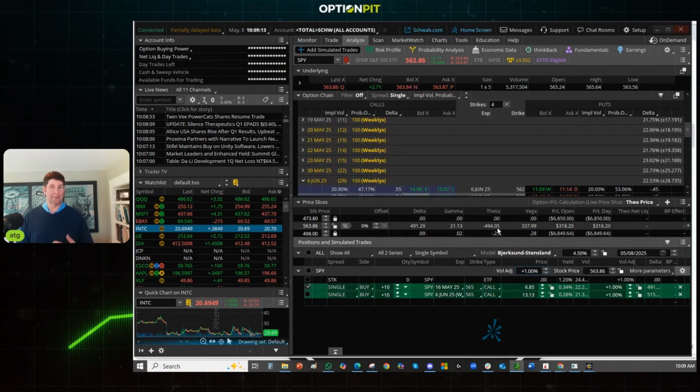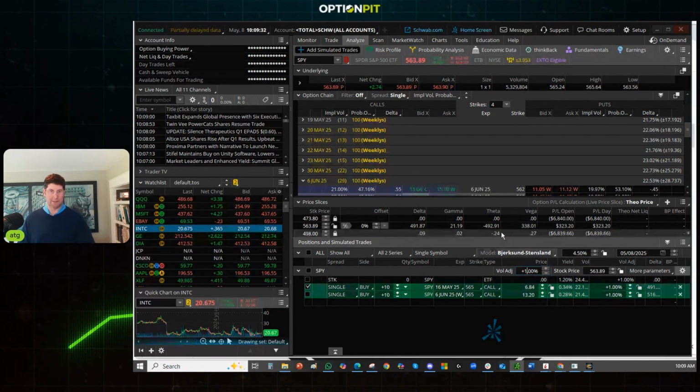Also notice that your theta goes up as well. So as volatility goes up, your option prices increase in value, but your theoretical decay also is going to go up and up and up. So as volatility continues to increase, watch the theta number here.